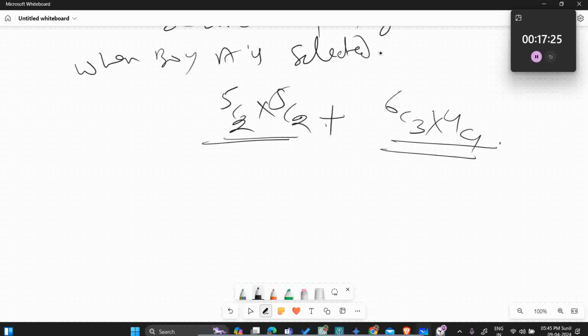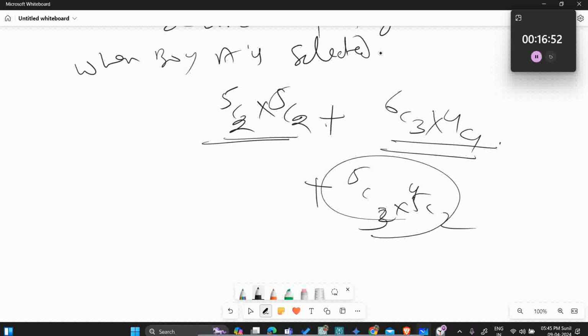Not selected, plus both are not selected. So 5C2 into 5C2. Both are not selected. So 5C3 into 4C2.